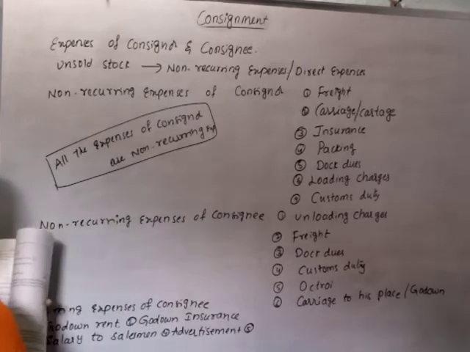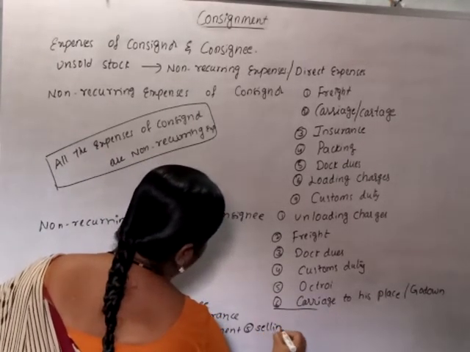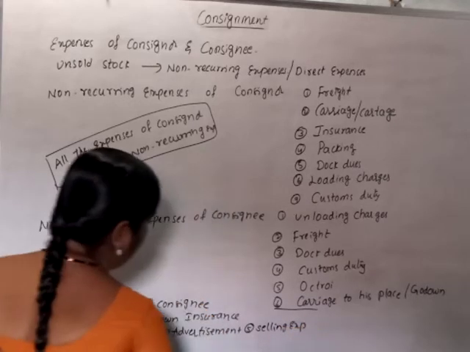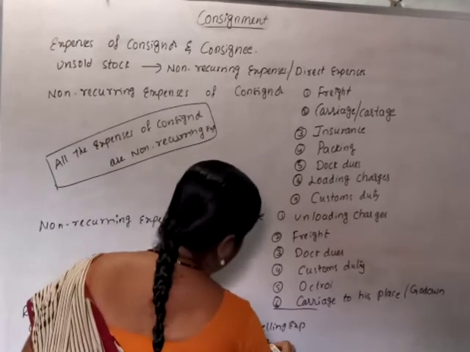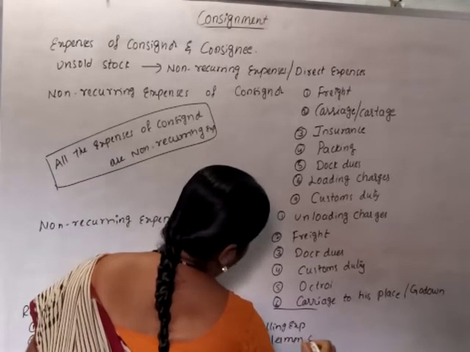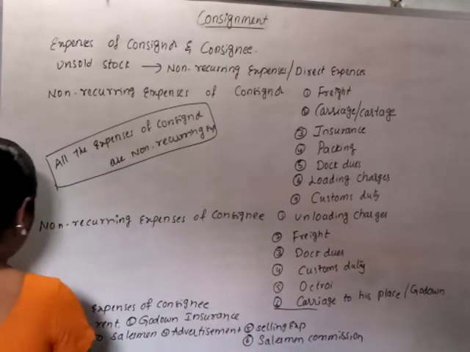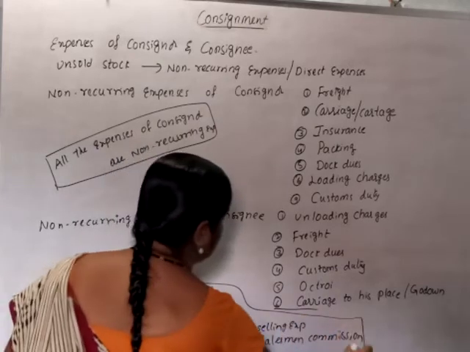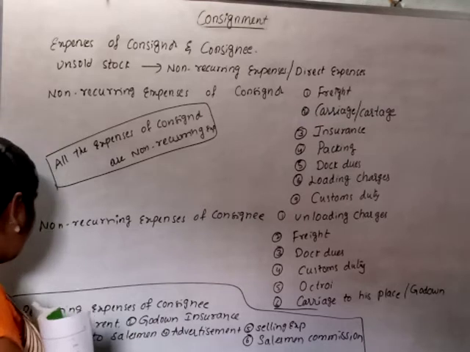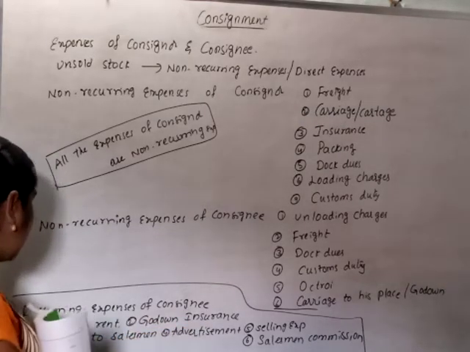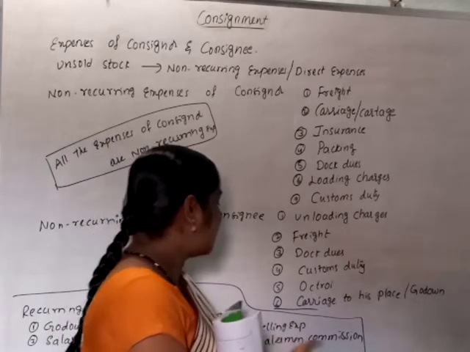Fifth one is selling expenses. And sixth one is salesman commission. These all come under the recurring expenditure of the consignee. That means godown rent, godown insurance, salary to the salesman, advertisement expenditure, selling expenditure, and salesman commission.